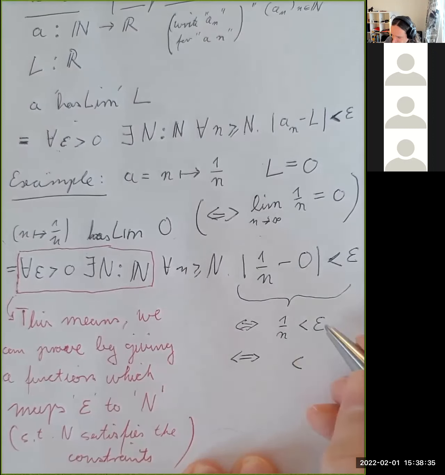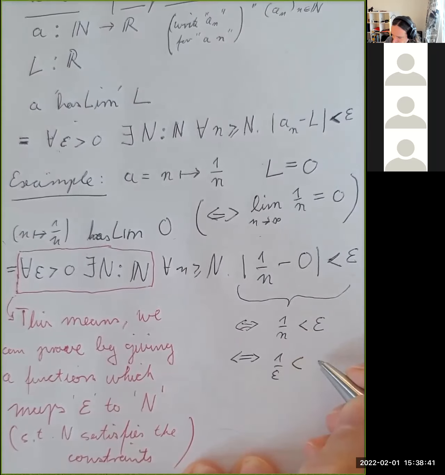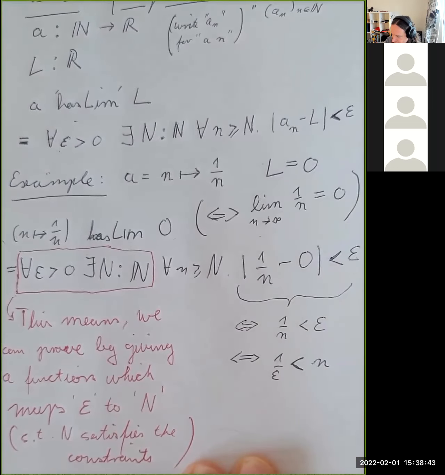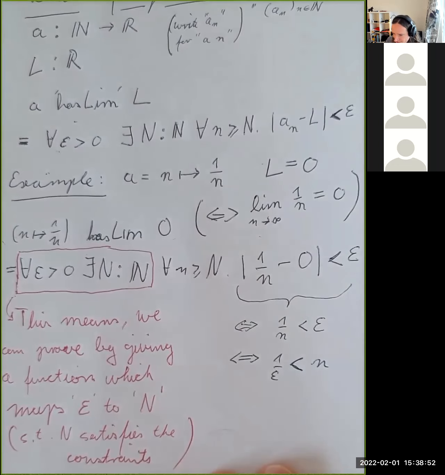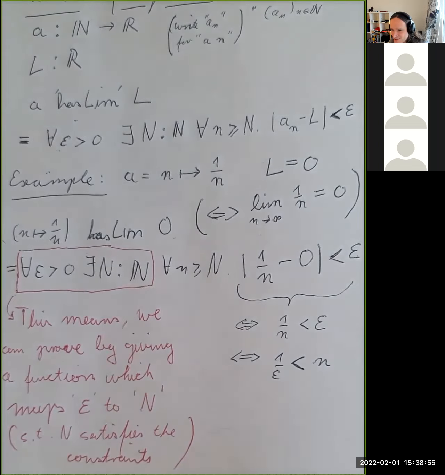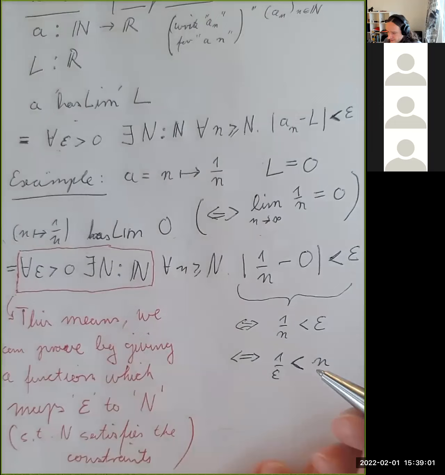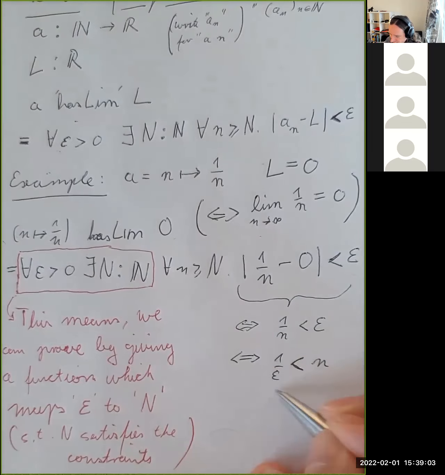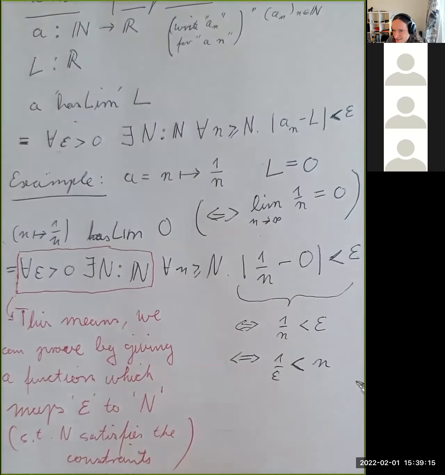We can do this by swapping these two, which is allowed because it is multiplication with 1 over epsilon and n, and both are positive. So it's an okay way to manipulate inequalities. Okay, so now we kind of see what our capital N has to be. Any ideas already?